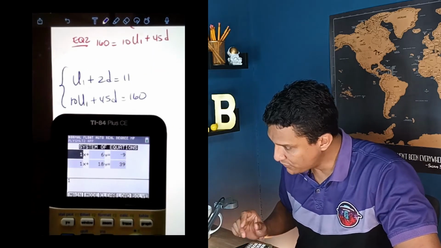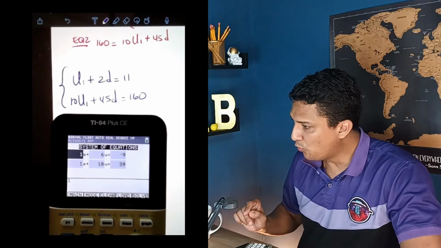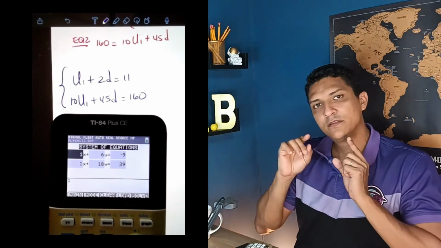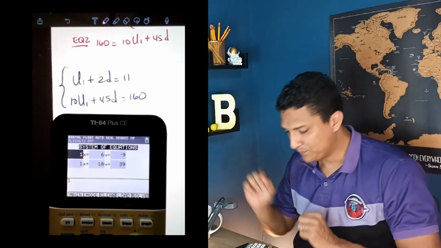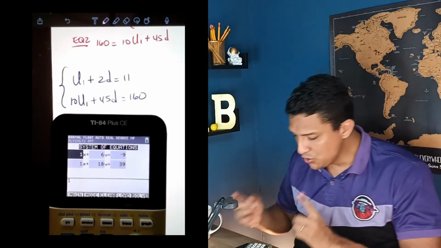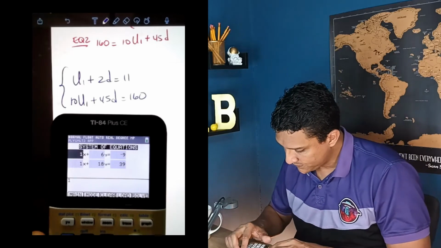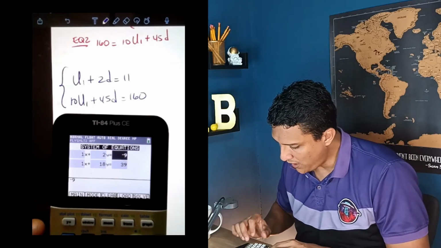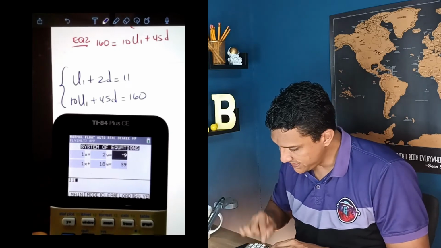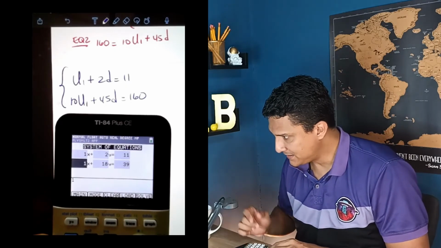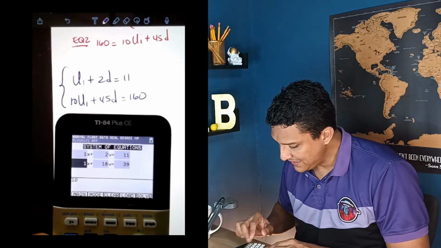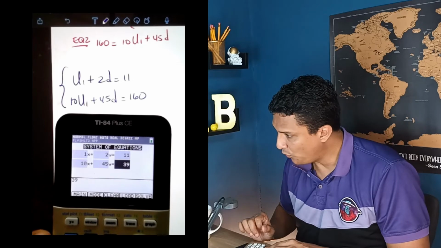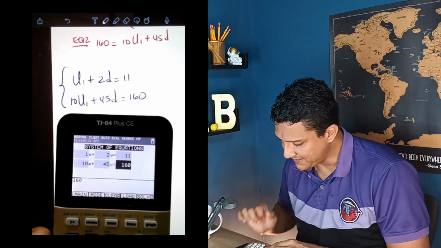Now I need to type my equations. The first one is u1. Remember here, u1 is going to be x, and d is going to be y. So 1x plus 2y equals 11. Let's input the second one: 10x plus 45y equals 160.